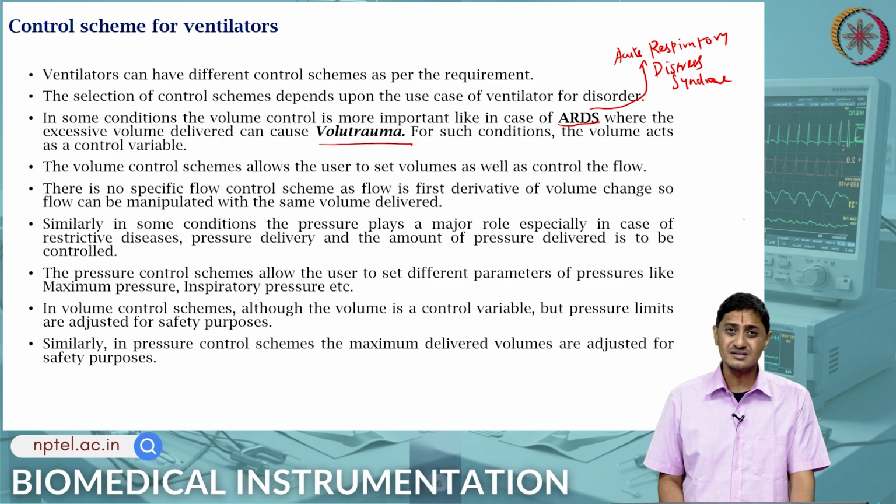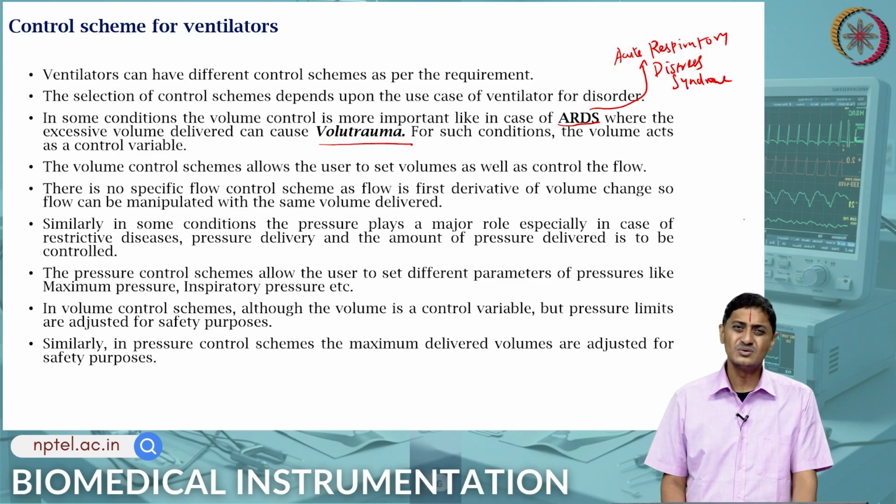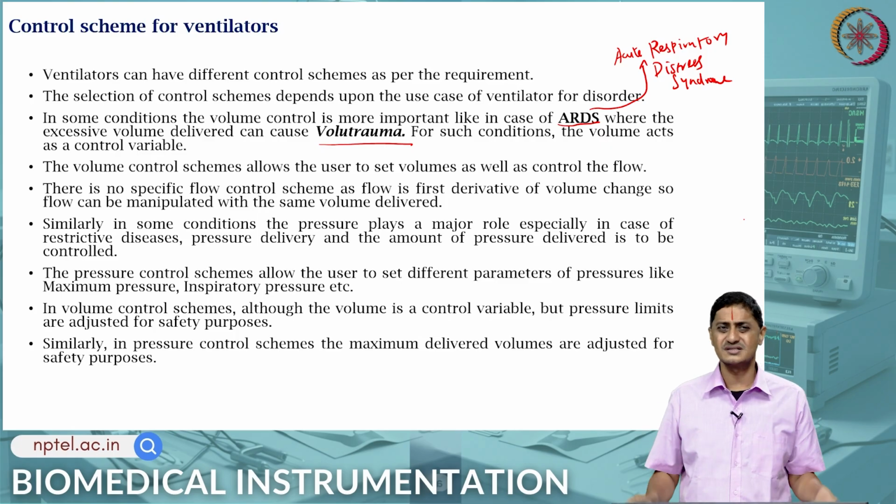So, this injury is irreversible and can cause a serious problem. Note that different alveoli have different opening and closing pressures. So, there is a need to have a heterogeneous control scheme.